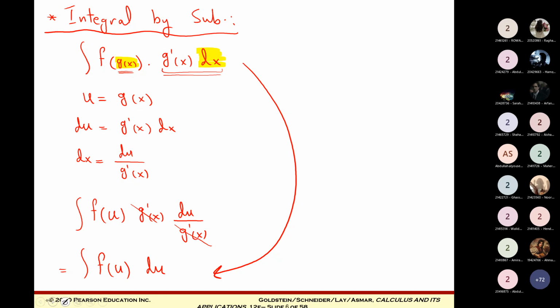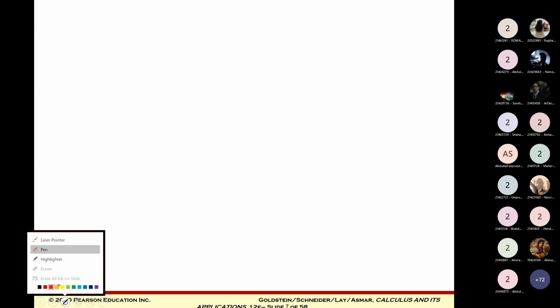Now, what is the case to apply this technique? We have some cases. For example, if we have brackets with g of x inside, all to the power n, and we have g prime, the derivative of the inside of the brackets, multiplied by these brackets, then we must use integration by substitution.